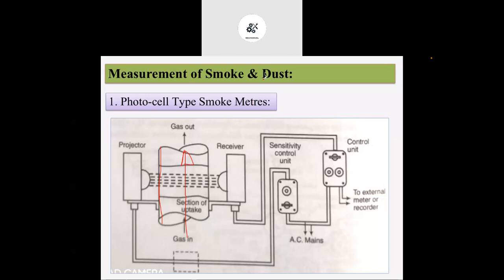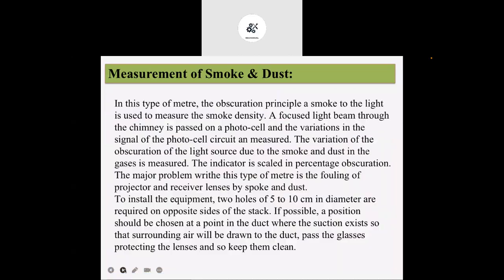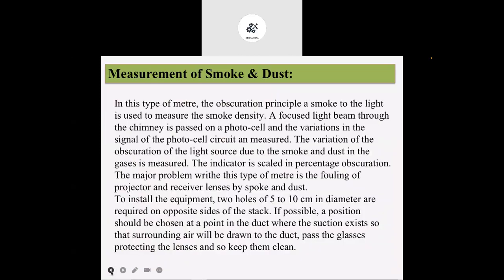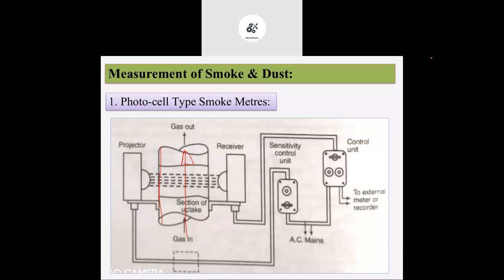By using the amount of light received by the receiver, we can find out the smoke and dust particles available inside the flue gases. Now the next meter is the reflected light dust monitor.